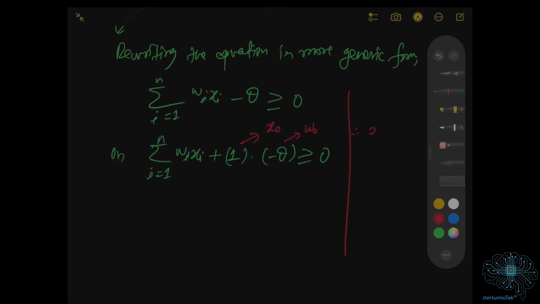So x naught equals 1 and w naught equals minus theta. Now this can be included inside the summation. So it can be rewritten as the sum with i from 0 to n of w_i x_i is greater than 0.